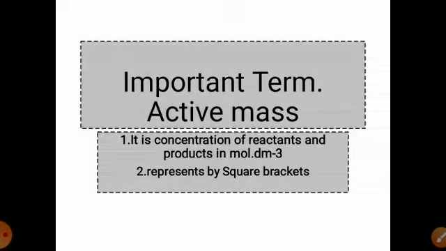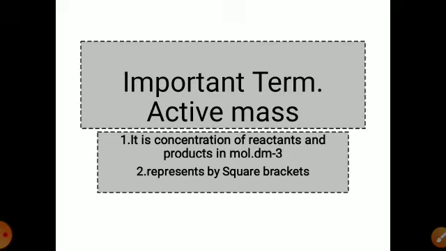Important term, active mass. What is the meaning of active mass? It is the molar concentration of reactants and products in mole per cubic decimeter, and it is represented by square brackets. From a daily life example, you can understand active mass. For example, you buy 5 kg of chicken, and from that 5 kg you are going to cook 2 kg.